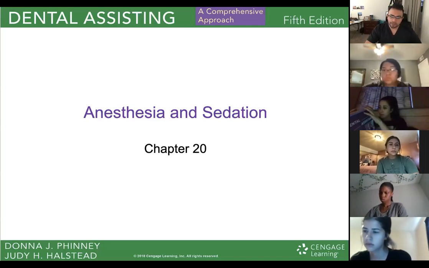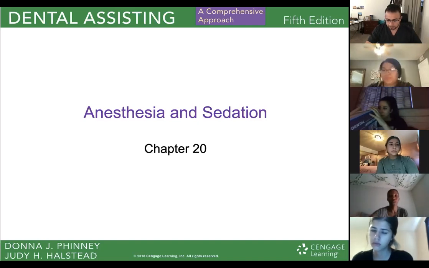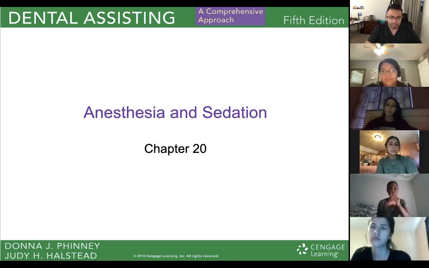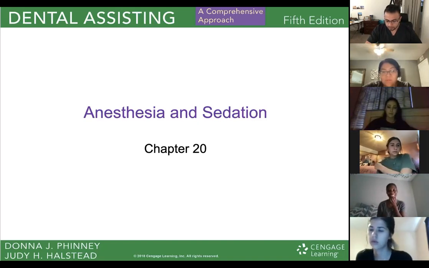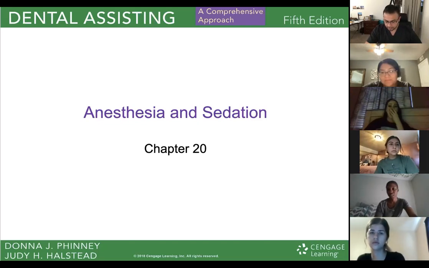And so some of the things that we're going to be talking about with this is some various topical anesthetics and their placements. We'll talk about local anesthetics, the different types of local anesthetics, some of the injection sites involved, some equipment, some materials that you'll need for these types of anesthetics. We'll also describe or list the steps of preparing for the administration of anesthetics, and then some supplemental techniques as well.